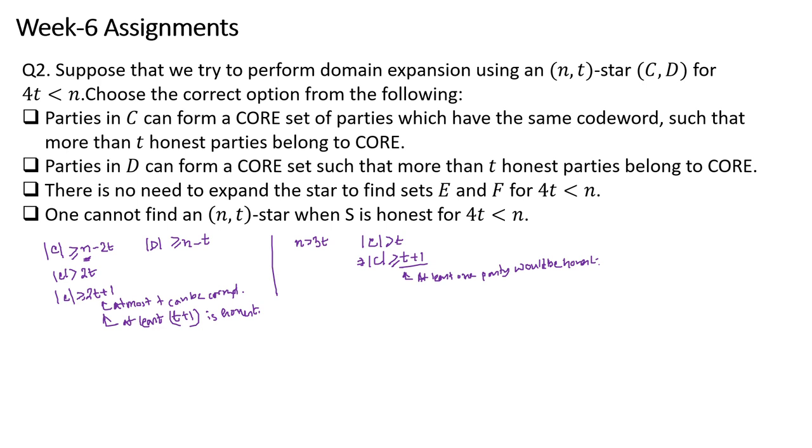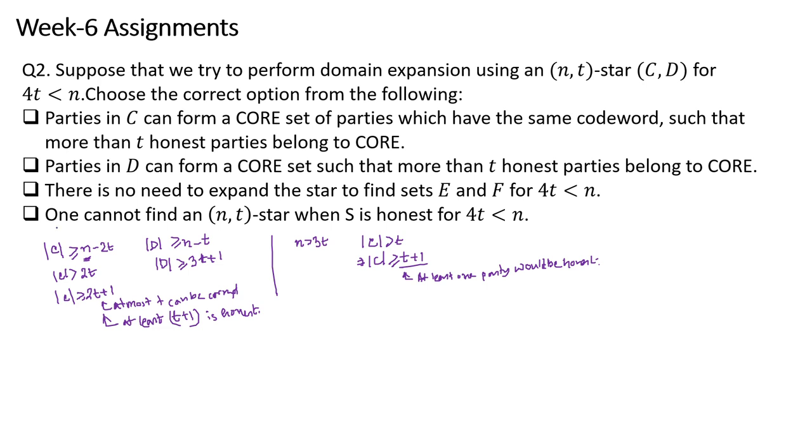The next option says parties in D can form a core set such that more than t honest parties belong to core. Now with the same logic, here we get, since n is greater than 4t, D is actually greater equal to 3t plus 1. So clearly among 3t plus 1 parties at most t can be corrupt, so at least 2t plus 1 honest party will be there in D. So parties in D can form a core.